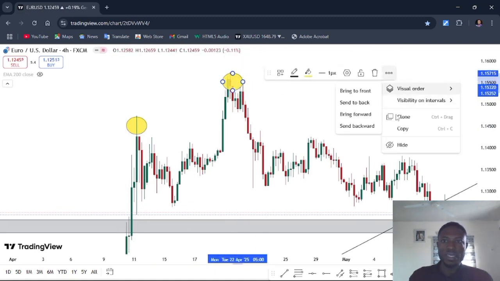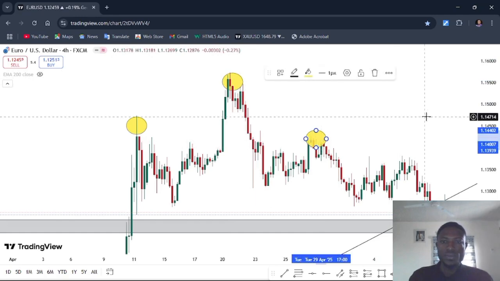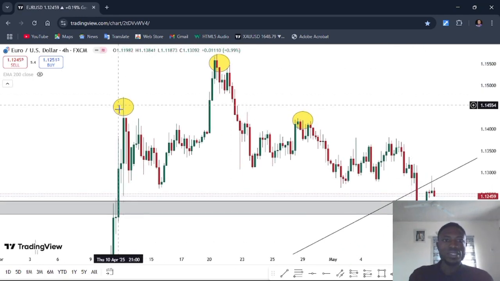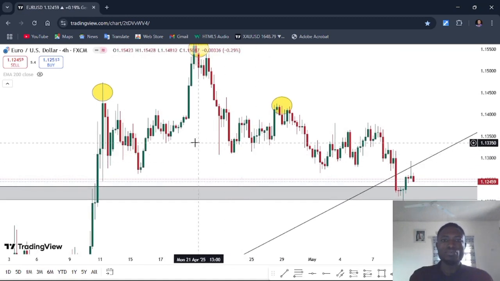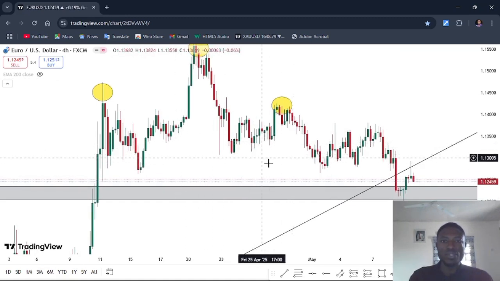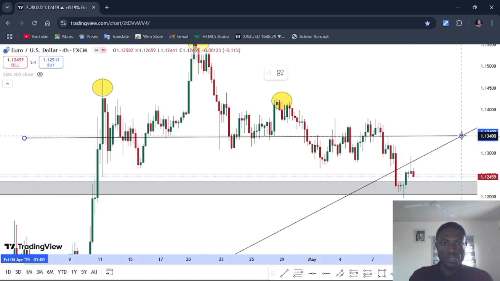Now, this is left shoulder, head, right shoulder. Price has broken this particular zone. You can call it the neckline or whatever.